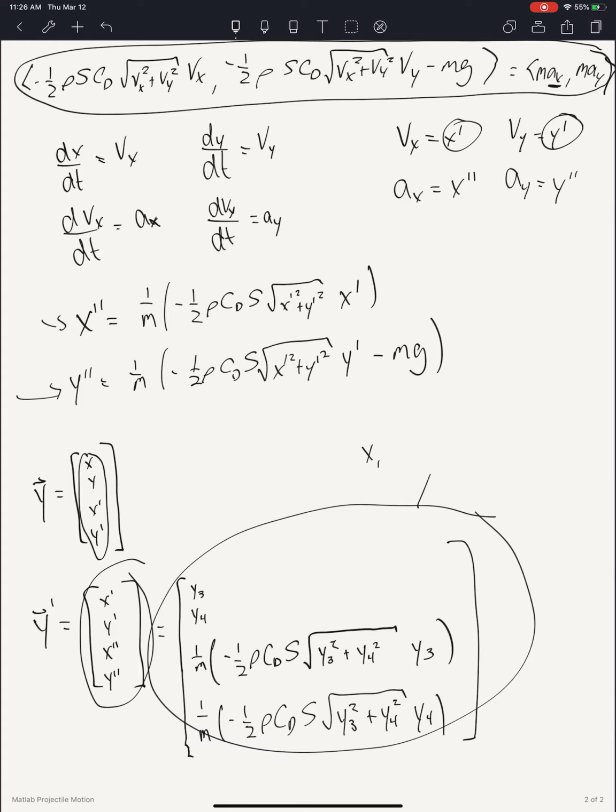Let me write it in terms of y: y1, y2, y3, y4, and t are allowed. And that's all that's in here. Keep in mind that that's actually x, y, x prime, y prime, and t.